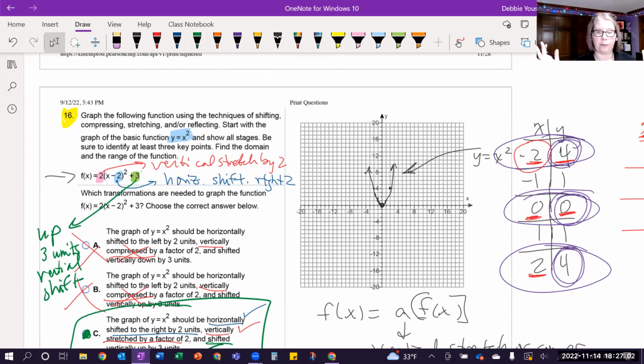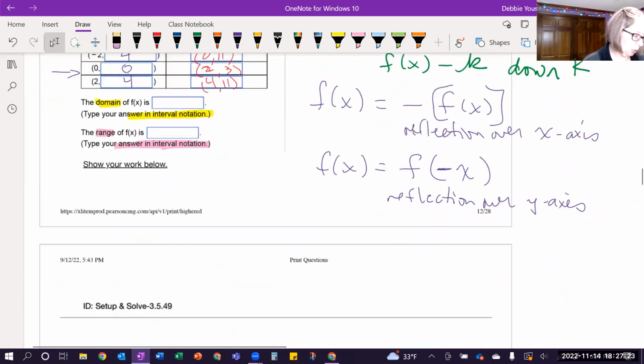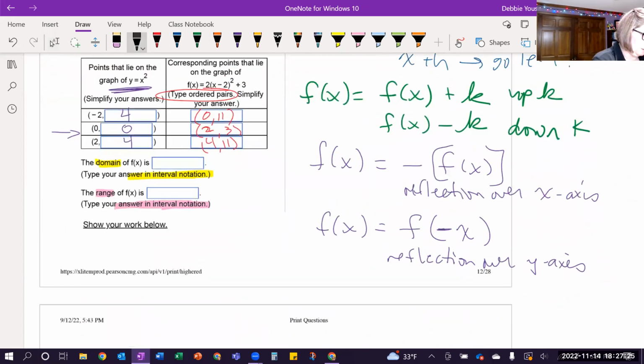I can put any x values into that, and this parabola will just keep expanding out indefinitely. Well, if I vertically stretch it, it doesn't affect anything horizontally. And if I shift it to the right, that doesn't affect its ability to still cover every value. And if I shift it up, it still doesn't affect its ability to cover every value. So its domain doesn't change. Down here, I still have everything from negative infinity to infinity that can go into this function, okay?